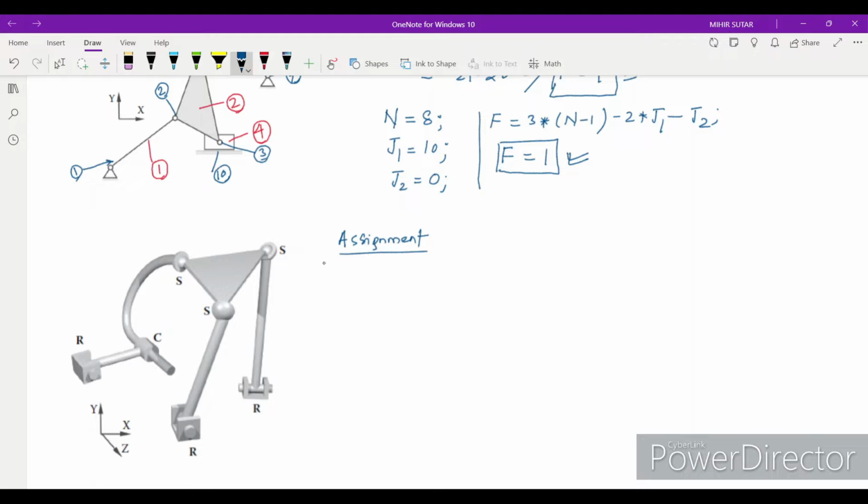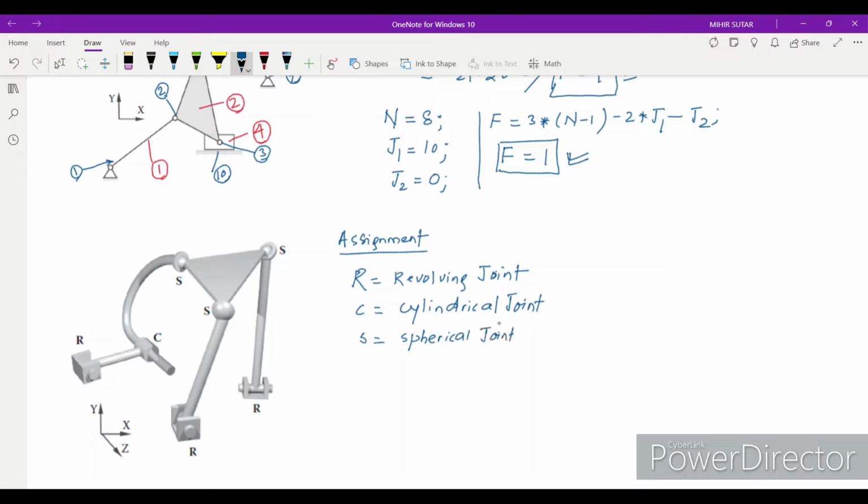R stands for revolving joint, C stands for cylindrical joint, and S stands for spherical joint.